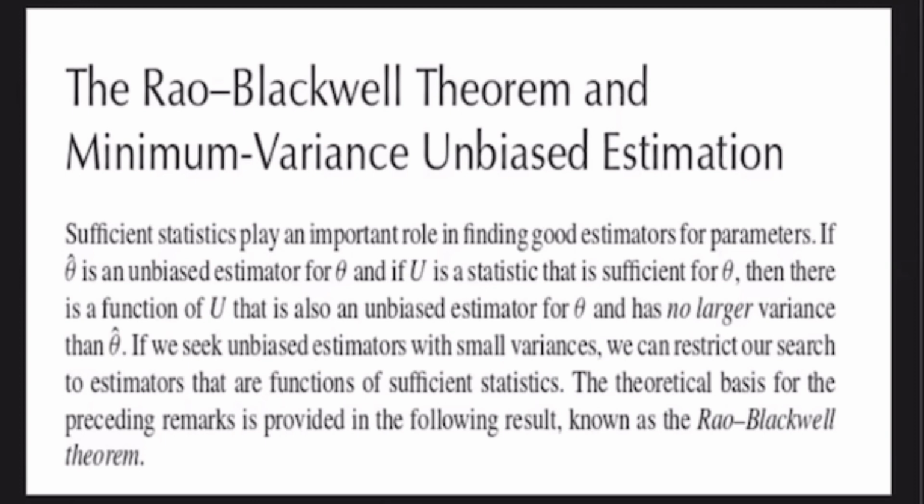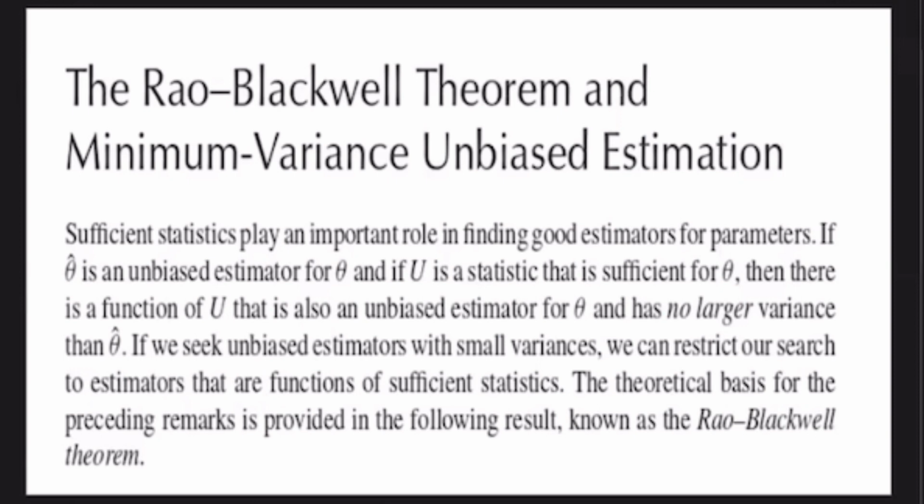So if we are looking for an estimator with a small variance, we have to make use of sufficient statistics, and to get sufficient statistics we go by way of the Fisher-Neyman theorem or the Lehmann-Scheffé theorem. Now, this is Rao-Blackwell.